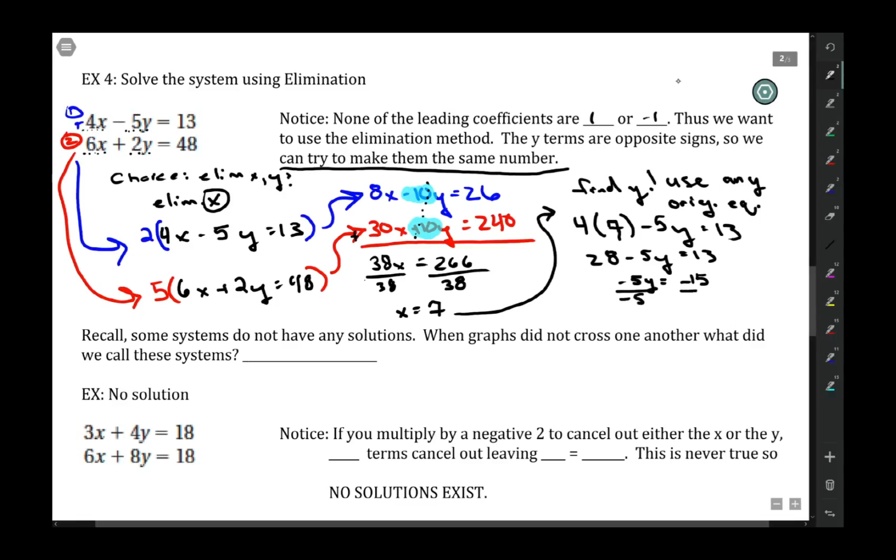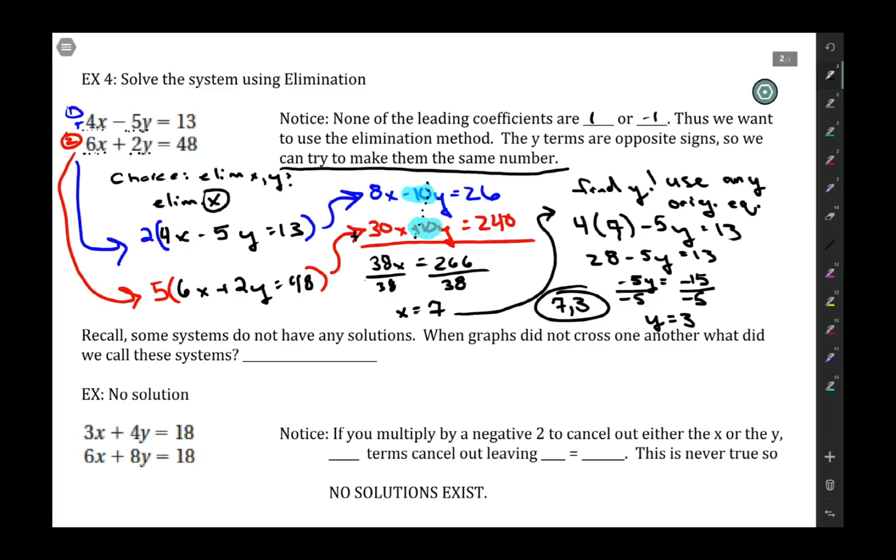And divide by negative 5. Y equals 3. Properly written (7, 3). Okay. Elimination. You have your choice, either x or y. These take a lot of practice.